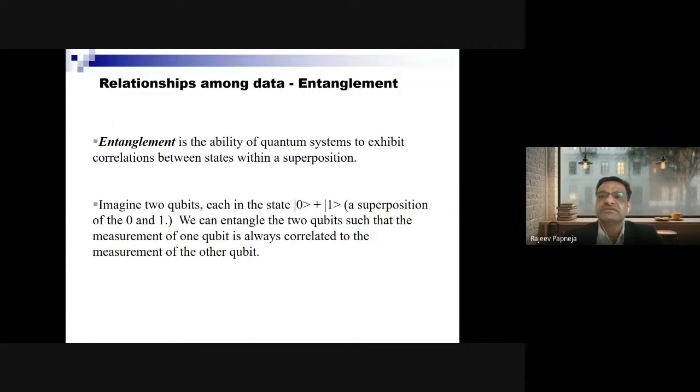This is as confusing as it may sound, but it's not that difficult to understand. So we can entangle 2 qubits such that measurement of 1 qubit will always be correlated to the measurement of the other qubit. How do we understand that?